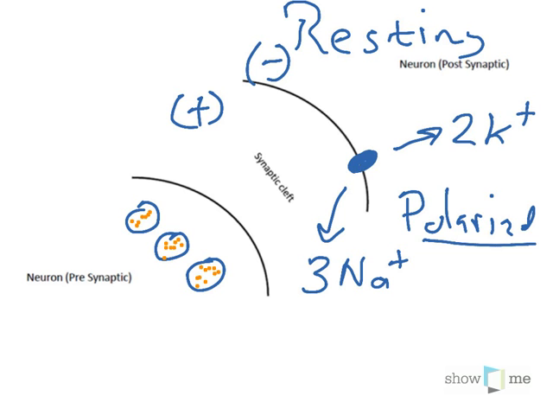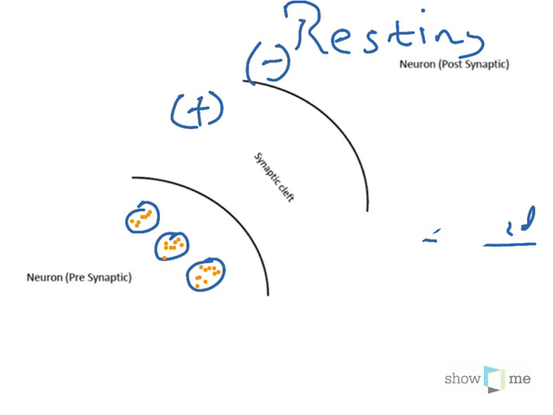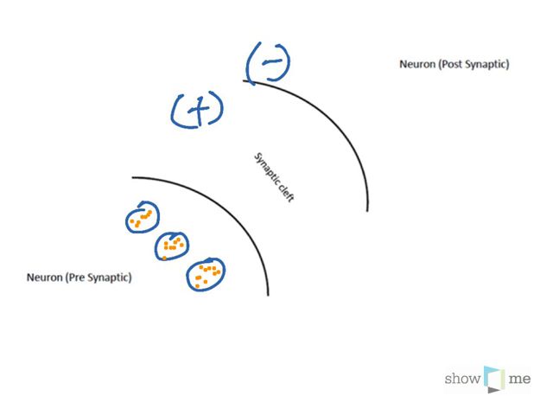So now we've gotten to resting, we're going to remove our sodium-potassium ATPase pump and remind ourselves that while it is resting, this cell has a high concentration of potassium inside the cell and a high concentration of sodium outside the cell. And we already remember that an action potential propagates down a neuron. Drawn here is what looks like a lightning bolt.